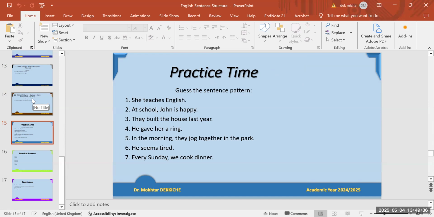And the last one, every Sunday, we cook dinner. I gave you some time to think. Try to determine which structure each sentence belongs to, and we return to the correction.